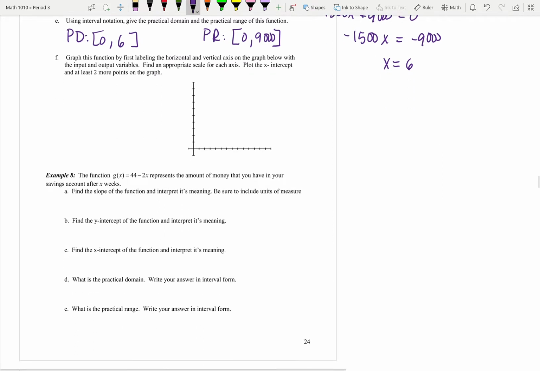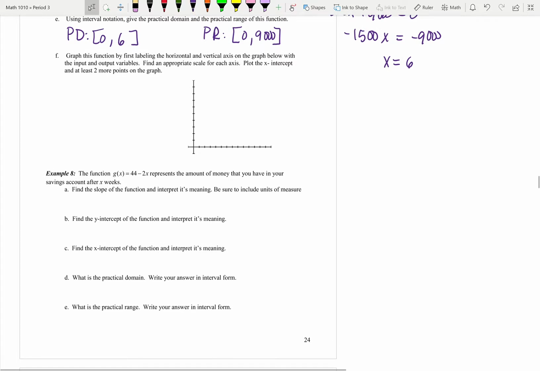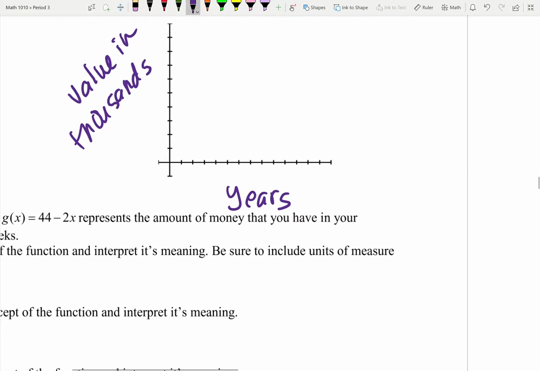Okay, now we're going to graph it. The input is the X, that's years. So everybody put years right here. And everybody put value, and we're going to say in thousands. I know it's going to have no value at year 6. So I'm going to go 1, 2, 3, 4, 5, and 6.